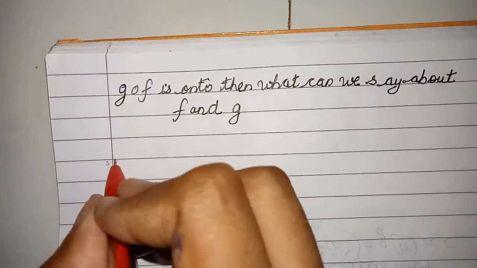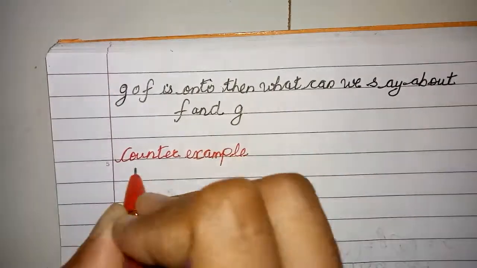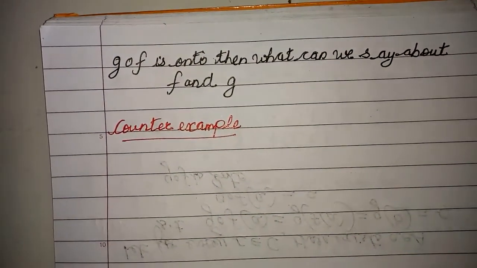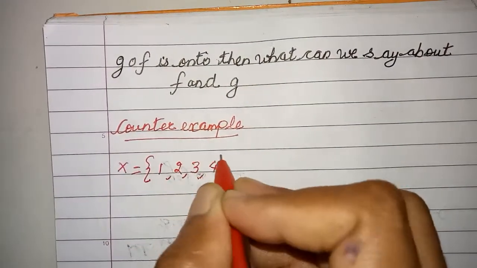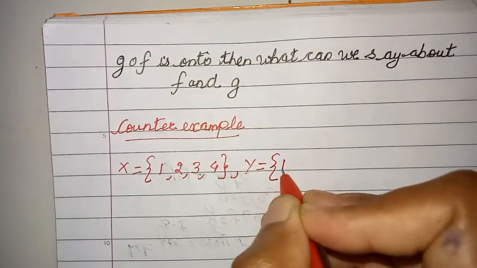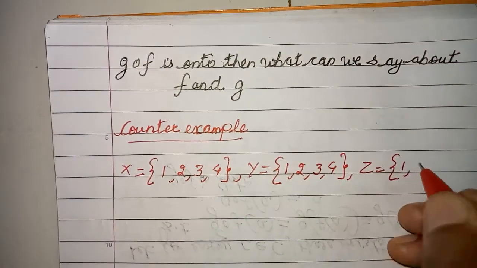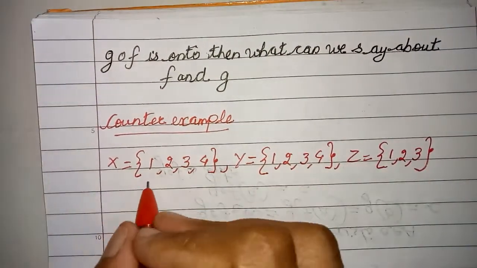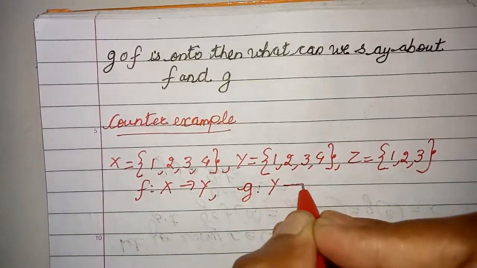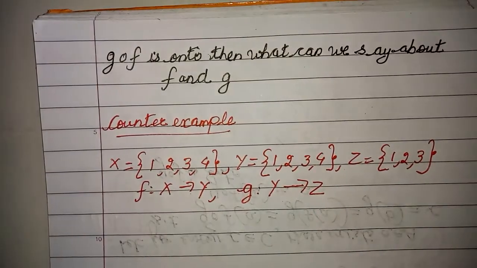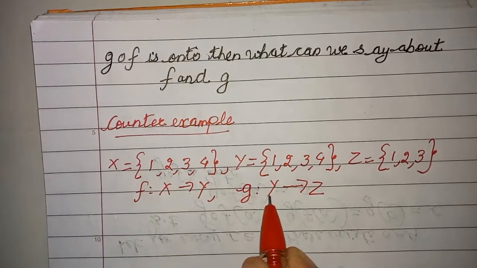A counter example will be helpful. The forward implication we already proved, but the backward implication we are going to disprove by a counter example. So I am going to take set X as {1, 2, 3, 4}. Set Y also as {1, 2, 3, 4}. Set Z as, say, {1, 2, 3}. As usual, f goes from X to Y, and I am going to start my function g from Y to Z. Very well, you can see that I can write g composite f, because the codomain and the domain are the same.